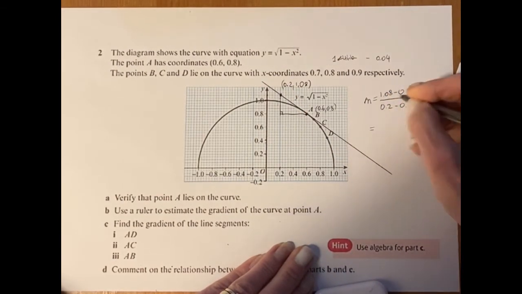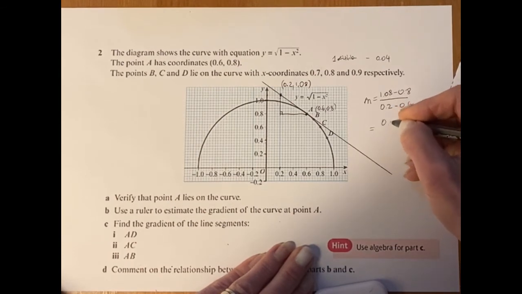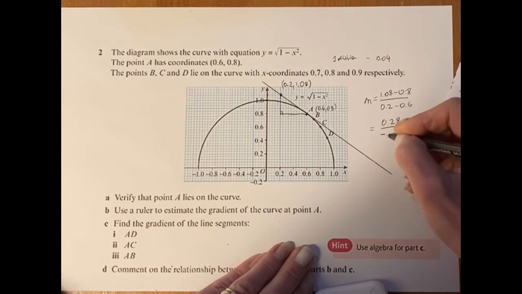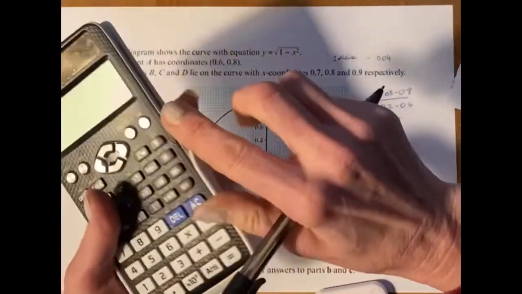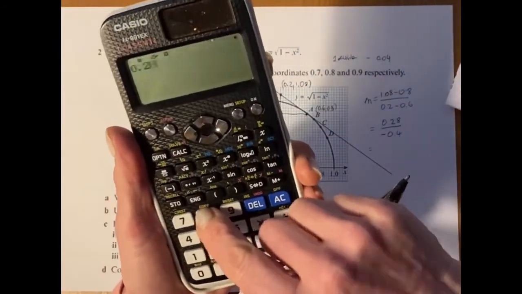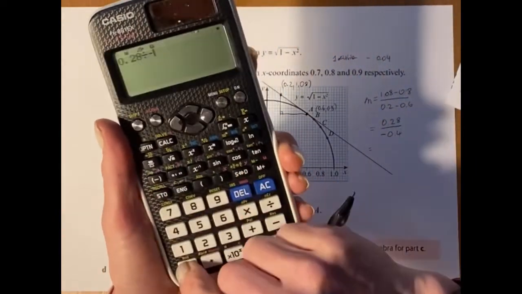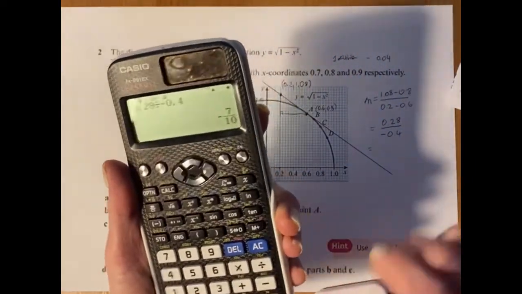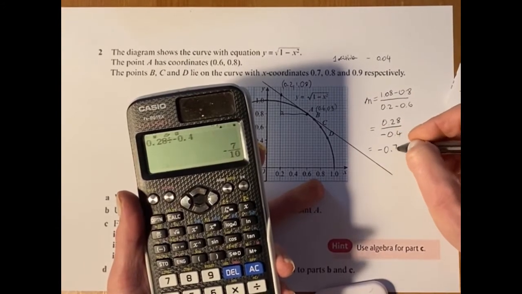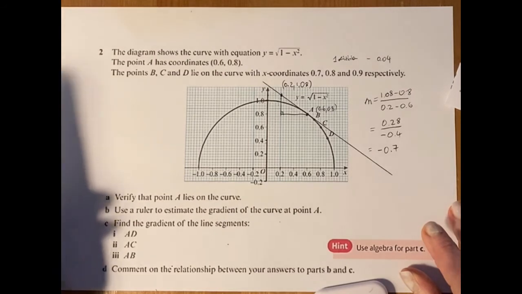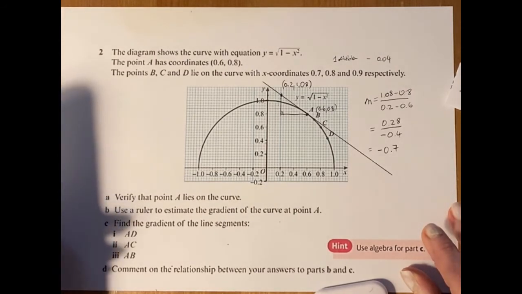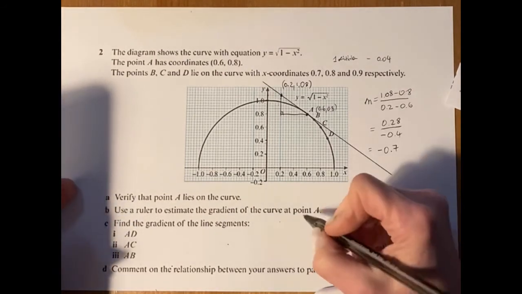So altogether this will give me 0.28 divided by minus 0.4. So let me just find the calculator. That gives me the gradient of 0.28 divided by minus 0.4. That's minus 0.7. There you go. So that will be my estimate of the gradient at point A.